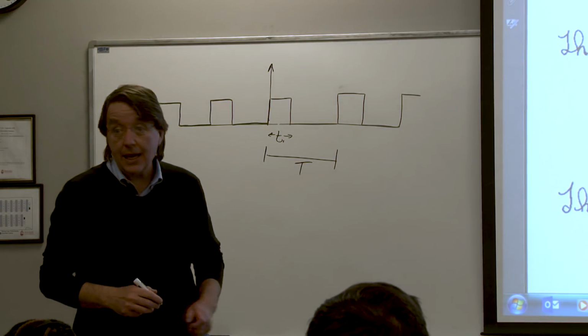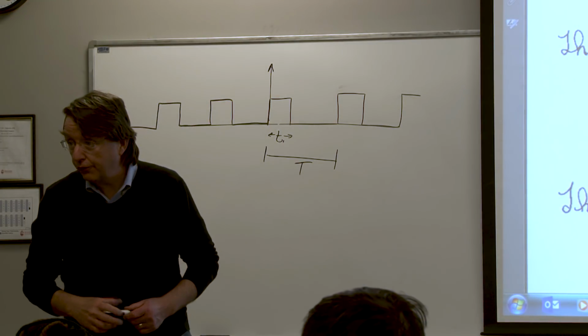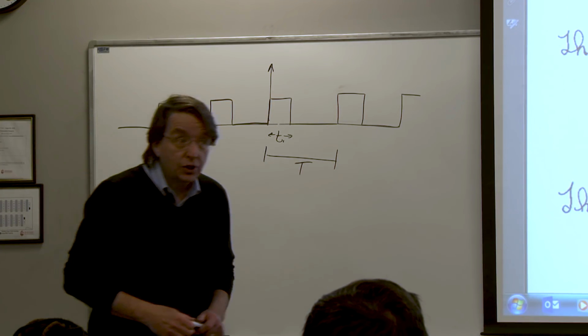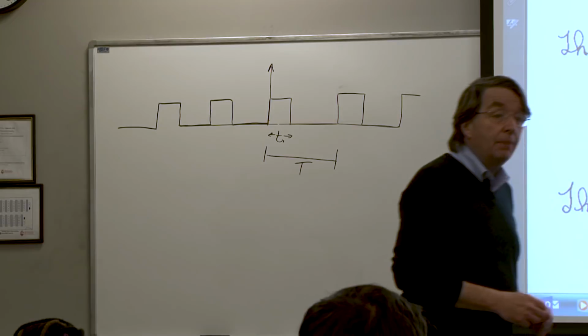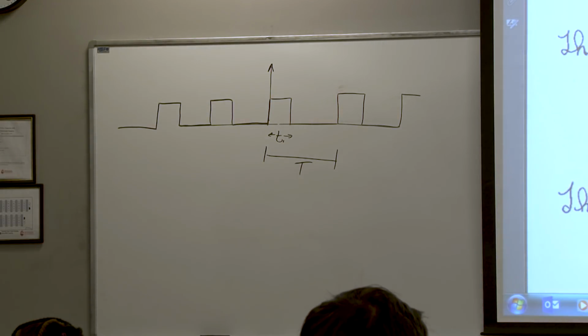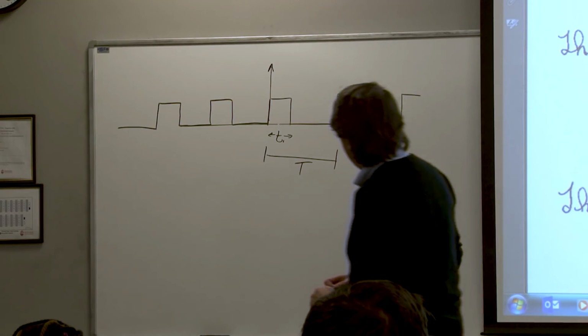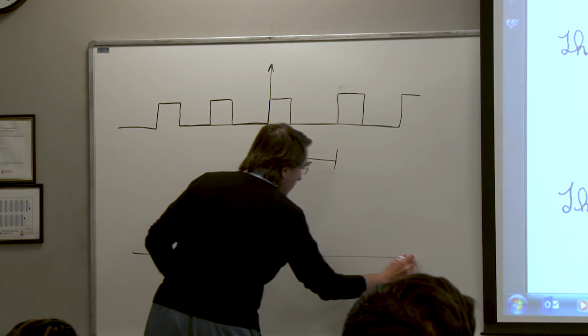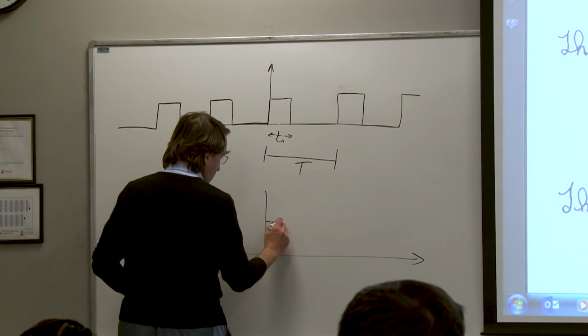We can get the representation of this used in the frequency domain using the Fourier series because it's periodic. So now, what would happen if we had a non-periodic signal? Namely, what would happen if we just had a single pulse? So how do I get this here to look like this?